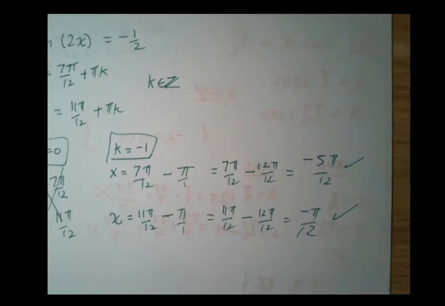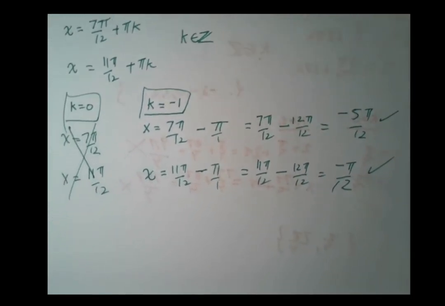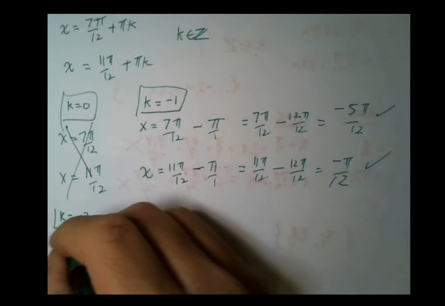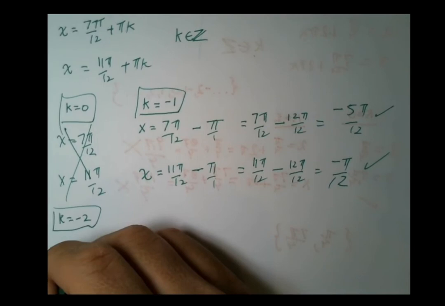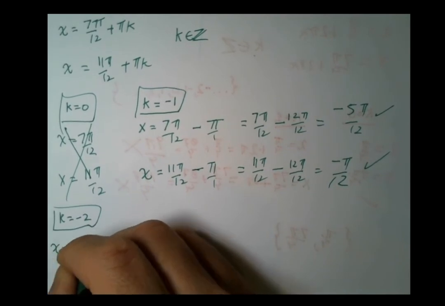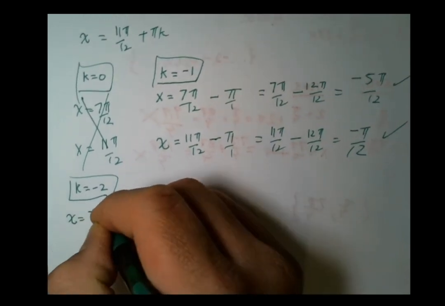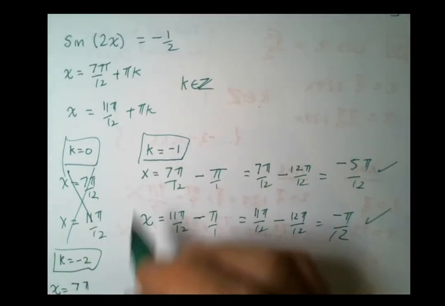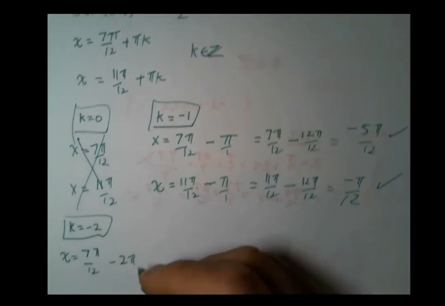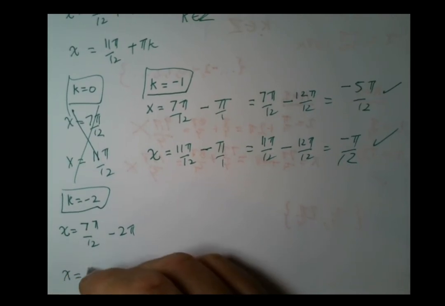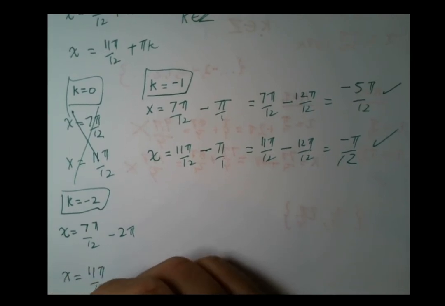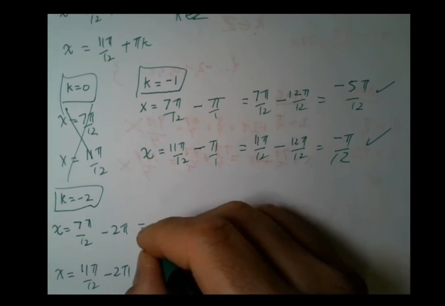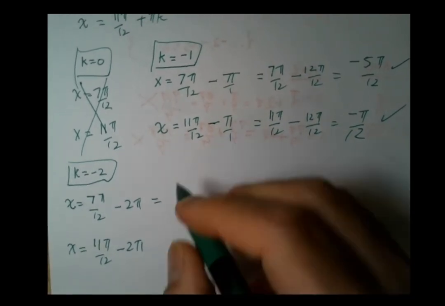Now we're not done. Let's see if negative 2 works. K equals negative 2. So when I plug in negative 2, we get minus 2 pi. Find the common denominator, which again would be 12.